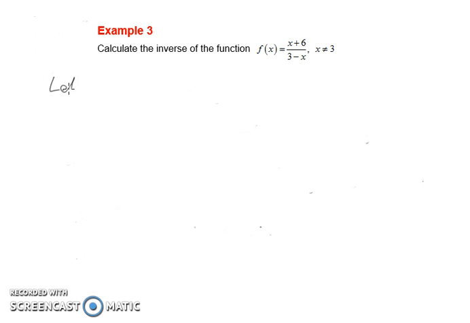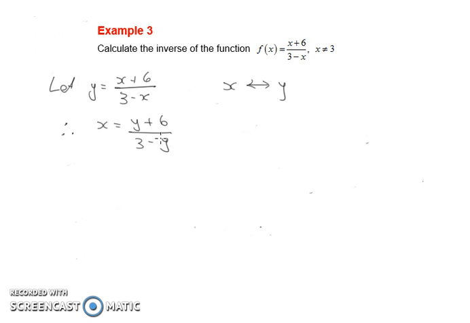So we're going to let y equal x plus 6 over 3 minus x, and then we're going to interchange our x and y variables so that we have written x equals y plus 6 over 3 minus y.